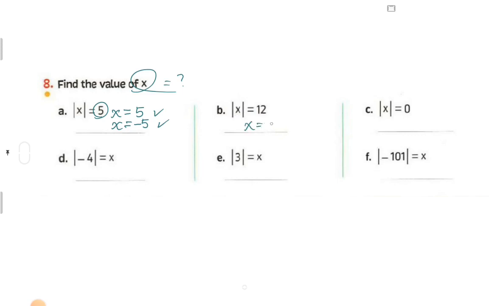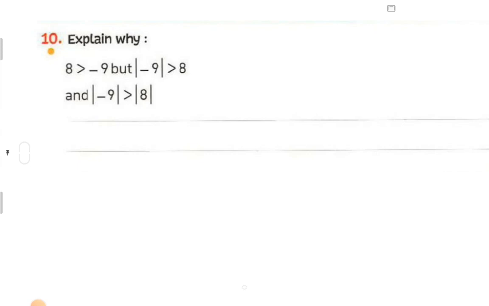So x may be positive 12 or negative 12. Absolute value of x equals 0. X just equals 0. No other case. Absolute value of -4, just 4 units. Absolute value of 3 equal x, so x equal just 3. Absolute value of -101 equal x equal what? Equal 101 units.